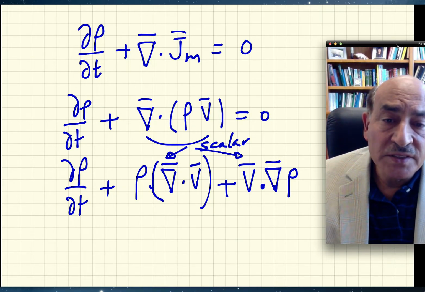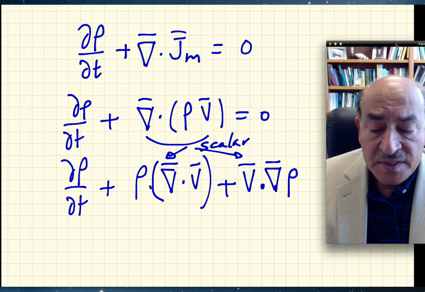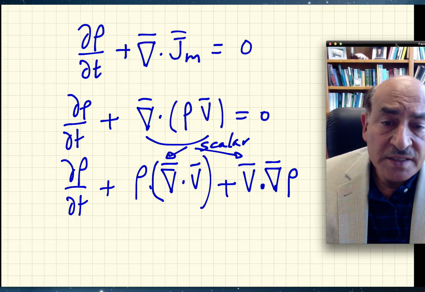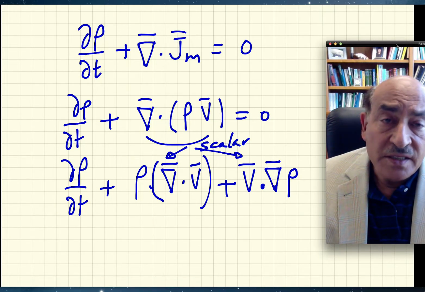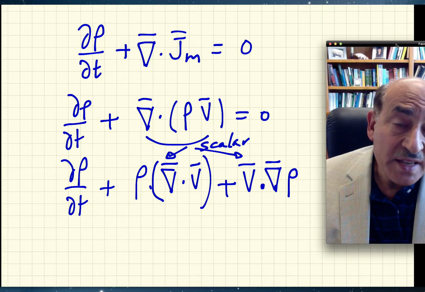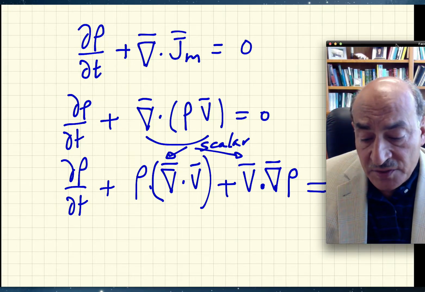So in order for the result to be scalar, rho is a scalar times the divergence of the velocity, which is a scalar. And then the other one is v. V is a vector, so we must have a dot product with another vector, which is the gradient of the density. And that is equal to 0.